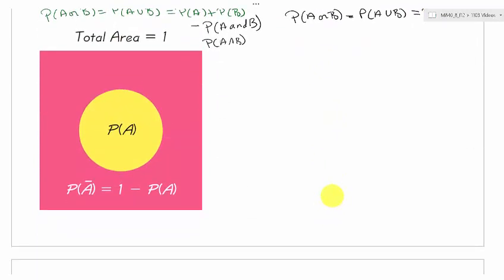The next Venn diagram is just depicting the complement of an event. So A in the yellow is our event A, and in the pink we have the complement.